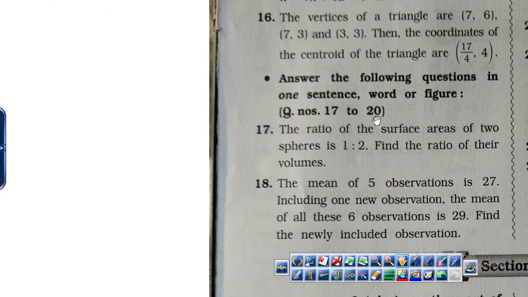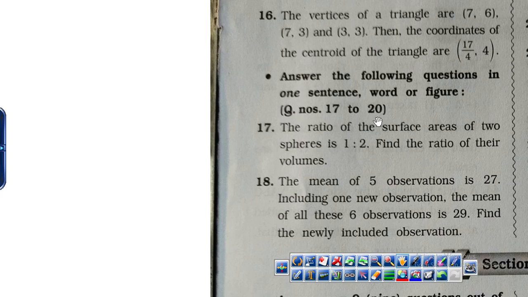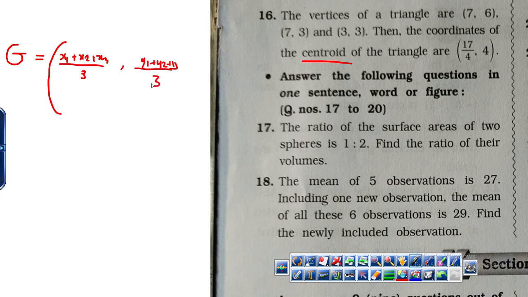The vertices of triangle so and so, then coordinates of centroid are so and so. सेंट्रॉइड कैलकुलेट करो. सेंट्रॉइड का अल्फ़ाबेट है जी. सेंट्रॉइड का फॉर्मूला है x1 प्लस x2 प्लस x3 बाय 3, y1 प्लस y2 प्लस y3 बाय 3, 7 प्लस 7 प्लस 3 बाय 3, कॉमा 6 प्लस 3 प्लस 3 बाय 3.